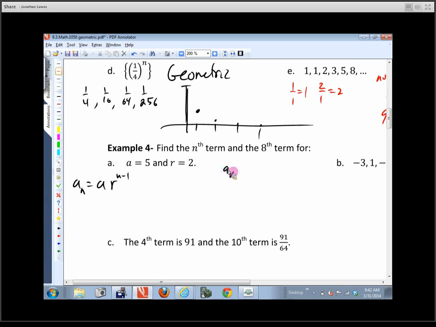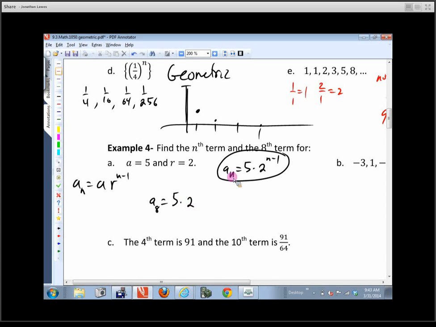So the nth one is going to be 5 times 2 to the n-1. So this formula right here is the nth term formula. And if you want the 8th one, you take the first one and you multiply it by how many common ratios? 7.